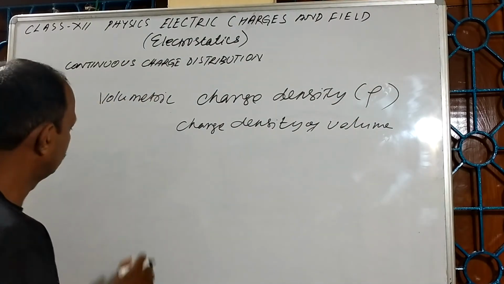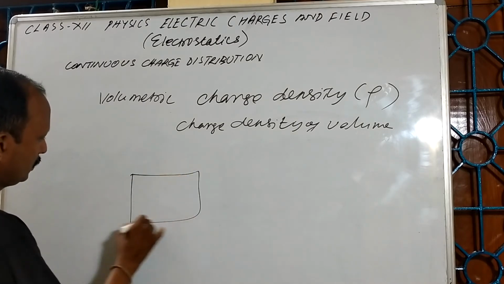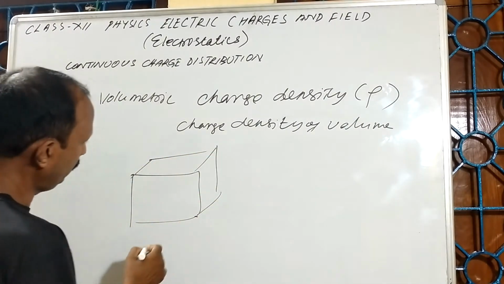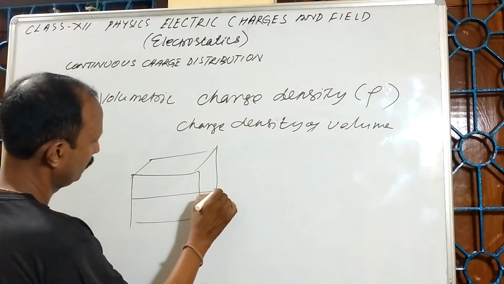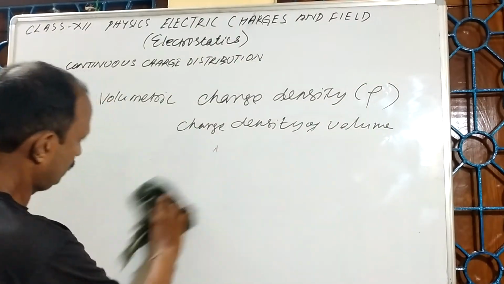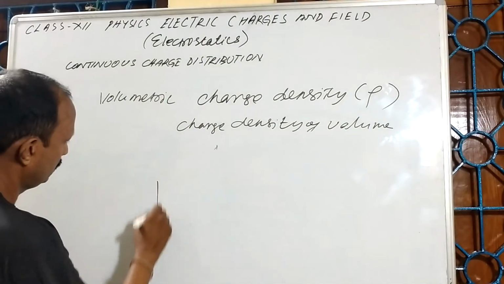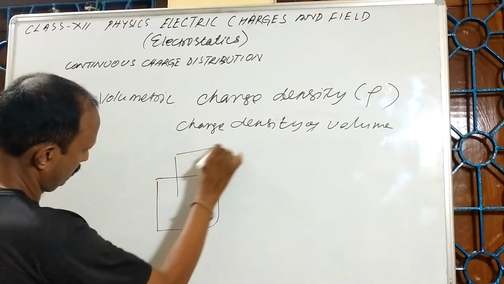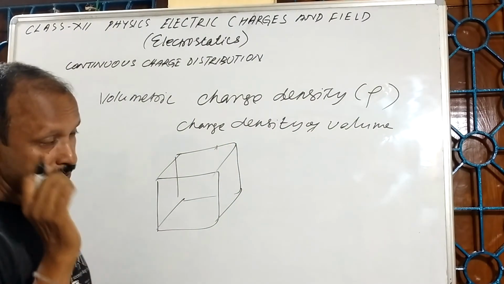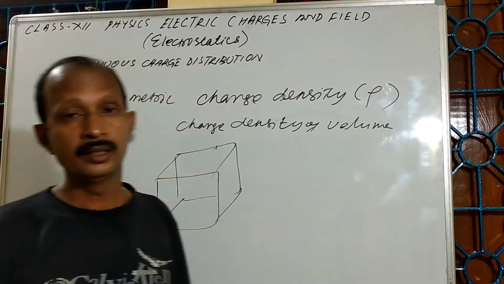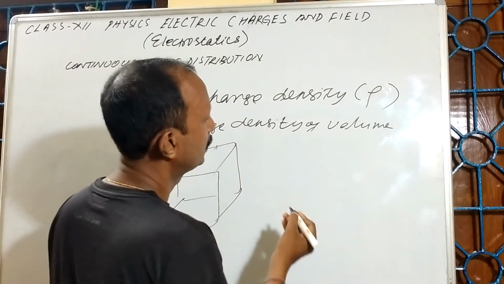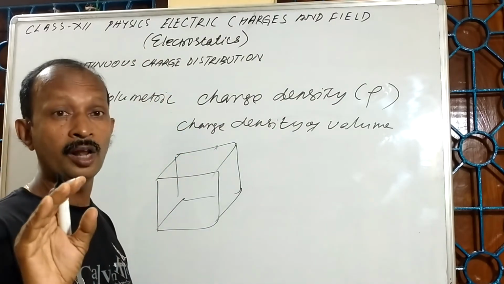Suppose this is a Q-shaped object. Here we are considering a small volume.